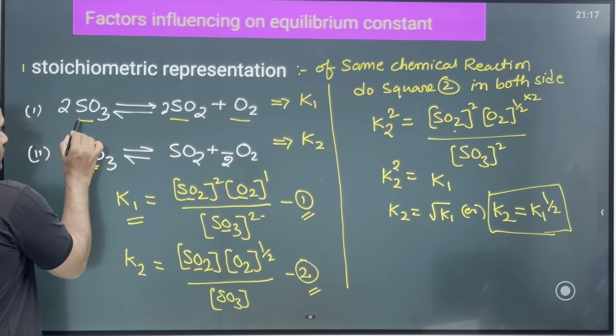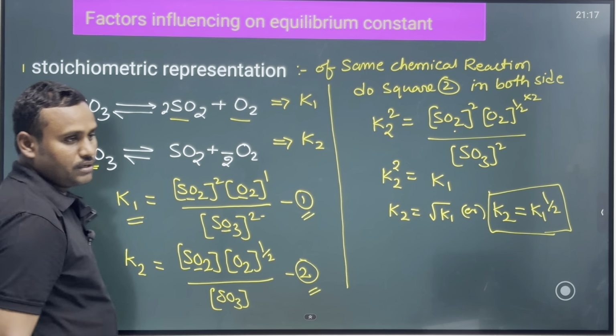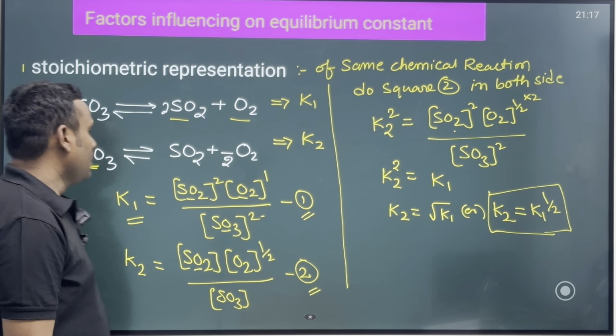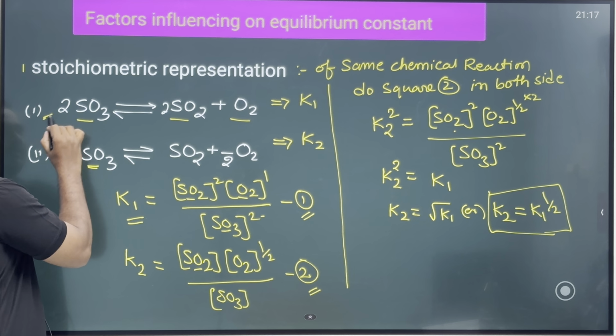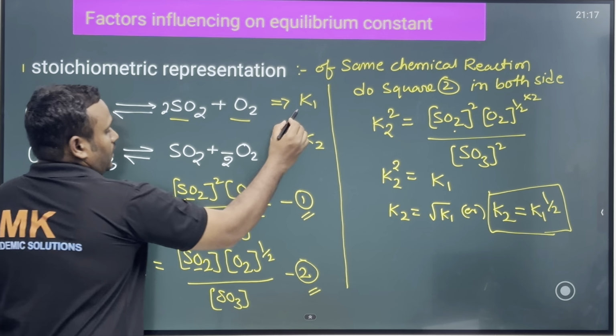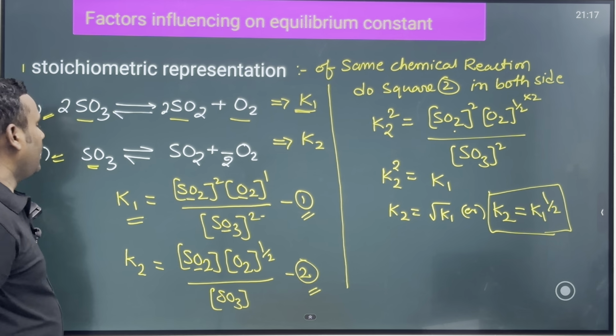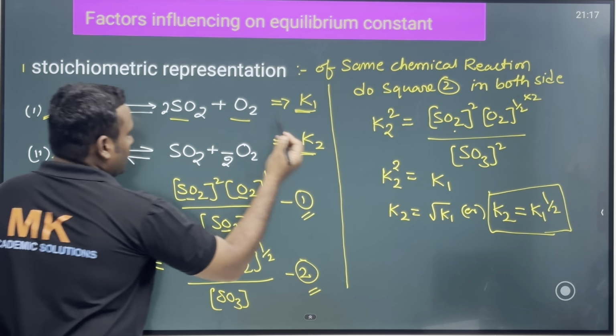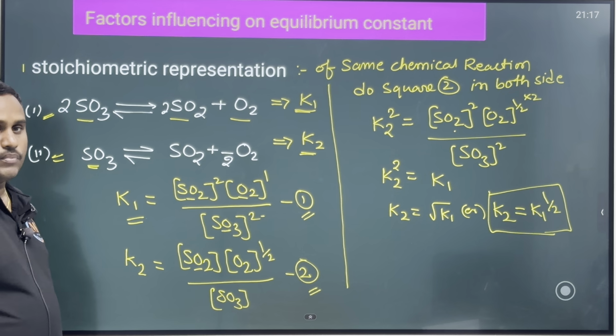So this is the process to prove this. Simply by seeing the equations we can give the relation. See here, it is equation number 1 and it is equation number 2. How are we getting equation number 2?